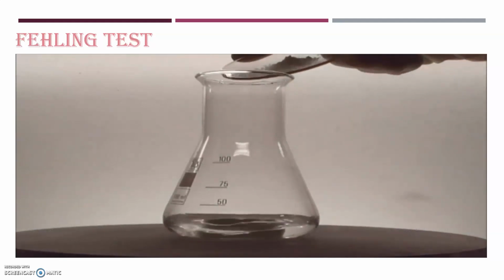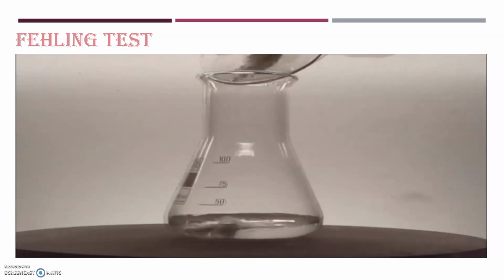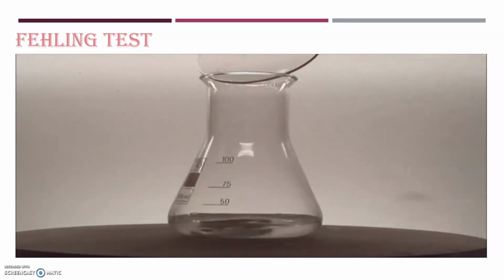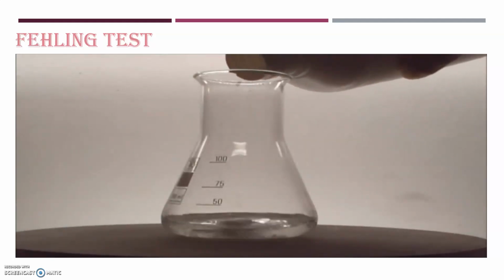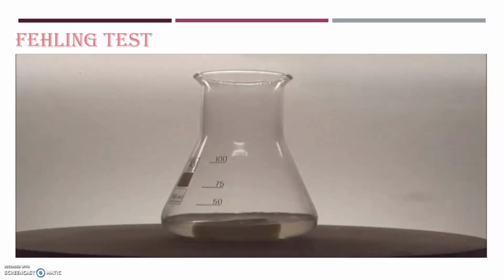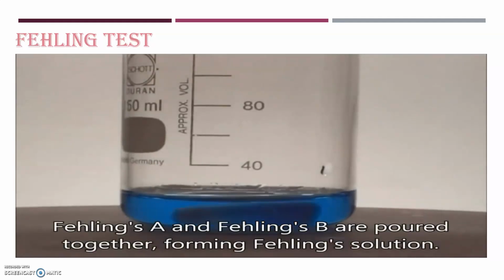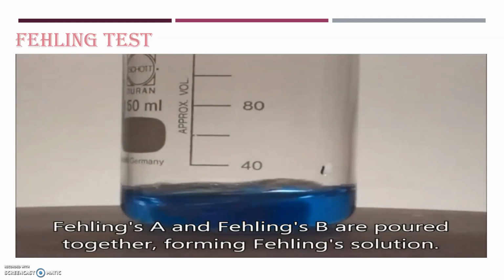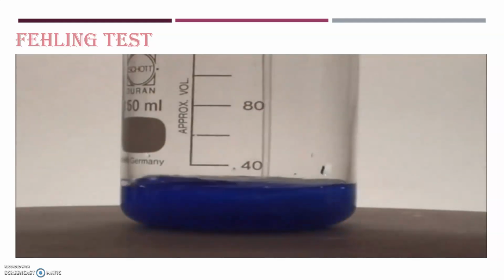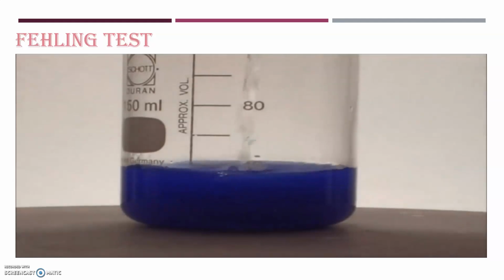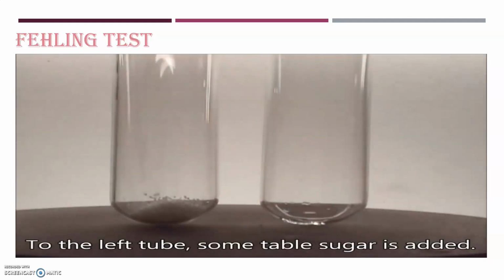Again, mix it. They have to be mixed. So Fehling A and Fehling B are poured together, forming the Fehling solution. So Fehling's is made of two solutions. Solution A is copper sulfate dissolved in water, and Fehling B is sodium tartrate, also dissolved in water.